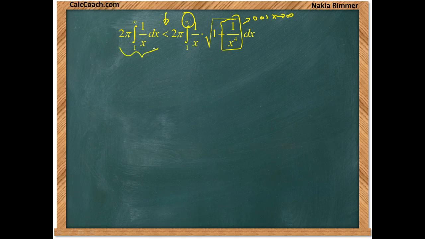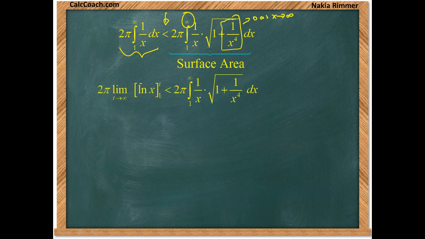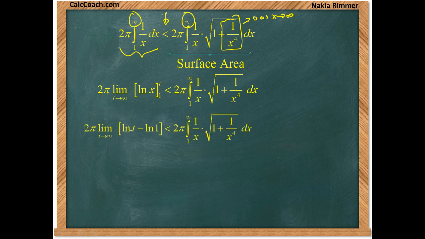This is an integral that we can go find, and we'll see that it is infinite. And this is our surface area integral. So we allow t to go off to infinity. We find the antiderivative, and we plug the t in, and we plug the 1 in. Well, natural log of 1 is just 0.